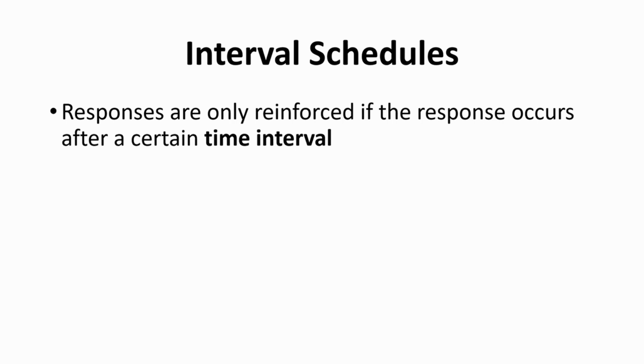So if the rat presses the lever after this time interval has passed, then they will be reinforced. However, if they don't press that lever, the food reward is not automatically delivered. There still needs to be some kind of response. It's just that we're waiting for the first response after a particular amount of time has passed.